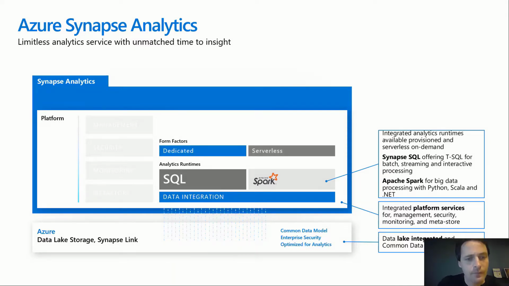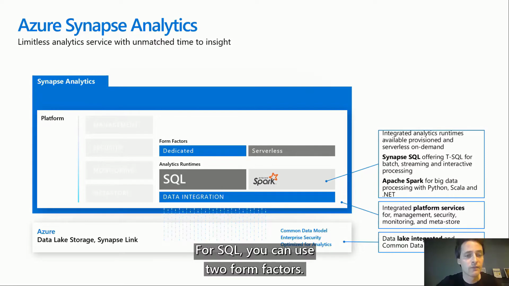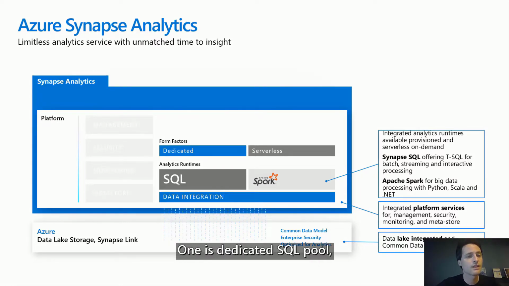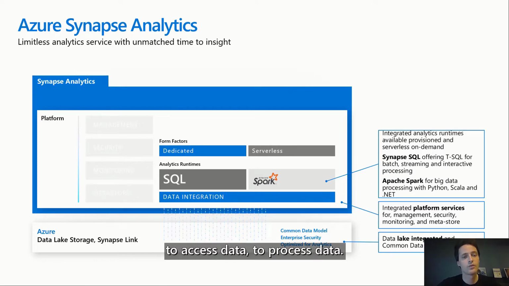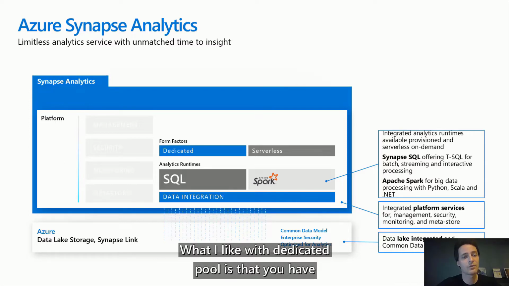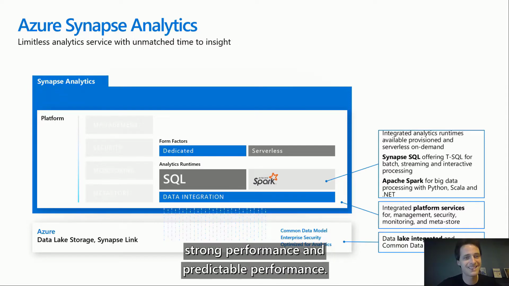In Synapse, for SQL, you can use two form factors. One is dedicated SQL pool, which provides you dedicated SQL compute capacity to access and process data. What I like with dedicated pool is that you have strong and predictable performance.